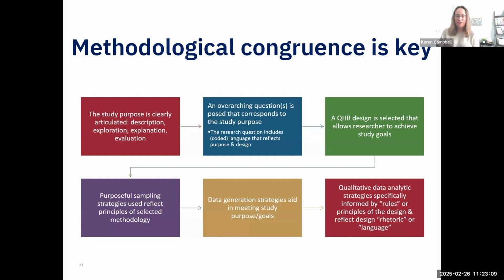We like the term data generation better because it tends to note that this is data that we're generating together with participants, and it's not just something that happens to be out there in the world, in the ether, that you can just collect. This is something that you are creating or co-creating together with your participants. So absolutely, the researcher has lots to do with that.